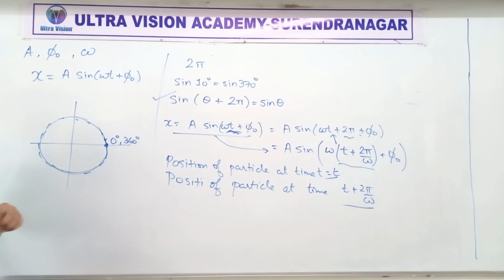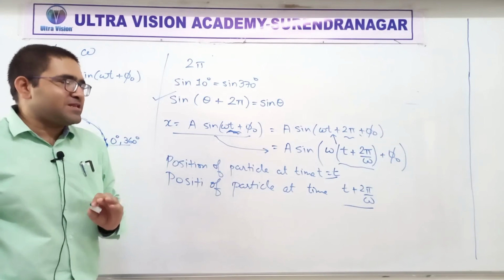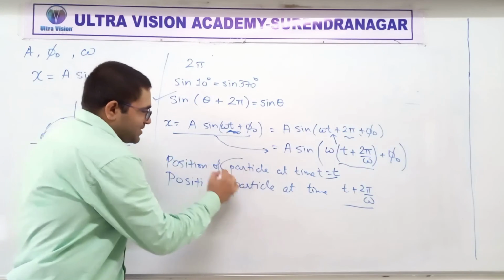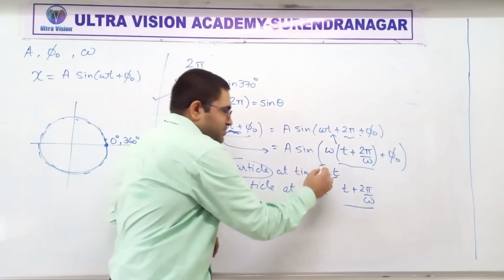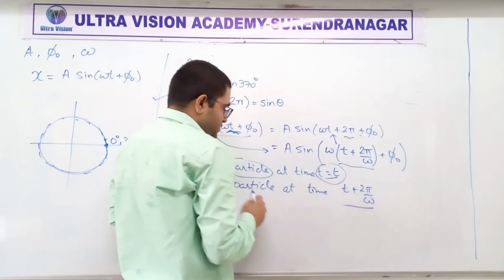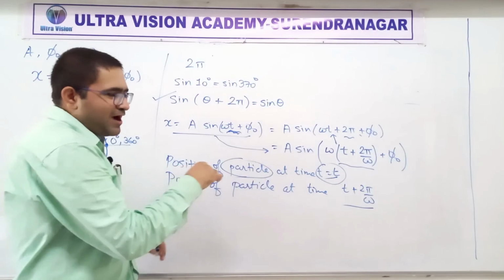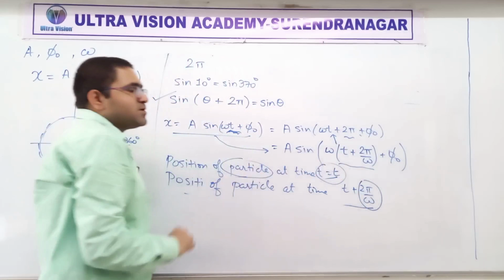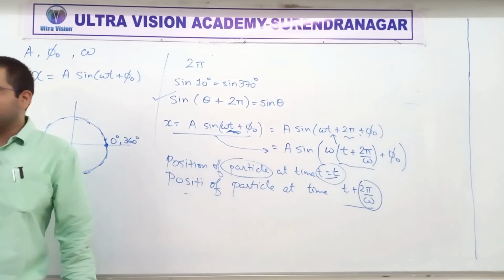Okay. So what does this tell us? It's saying that wherever the particle was at this time, it will come back to the same point, to the same position after how much more time? 2 pi by omega, isn't it?